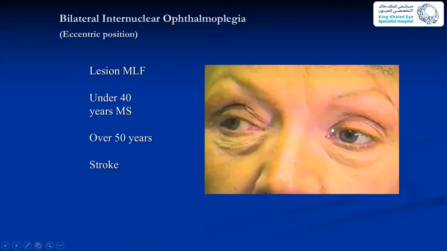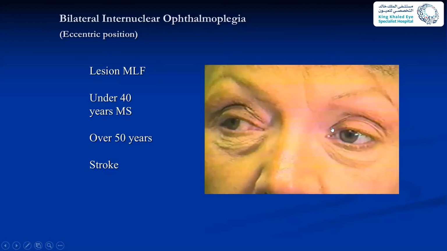Now, internuclear ophthalmoplegia, we see a lot of patients with internuclear ophthalmoplegia, and we can see here the eccentric position of nystagmus. And usually, if it happens, it is due to the medial longitudinal fasciculus.